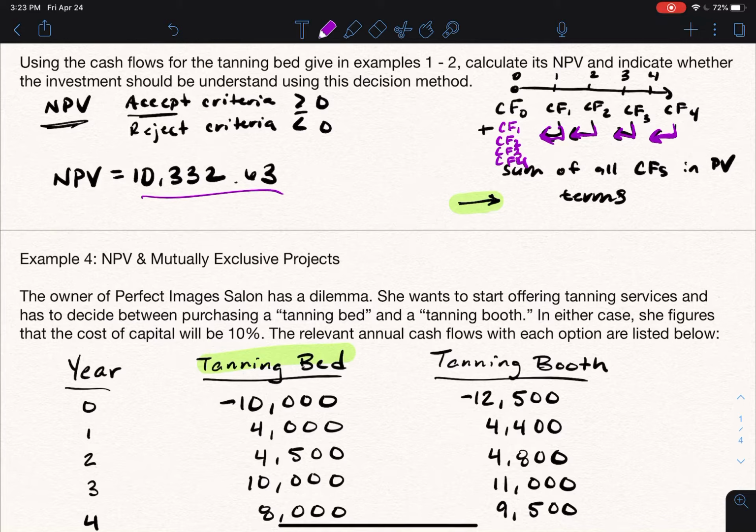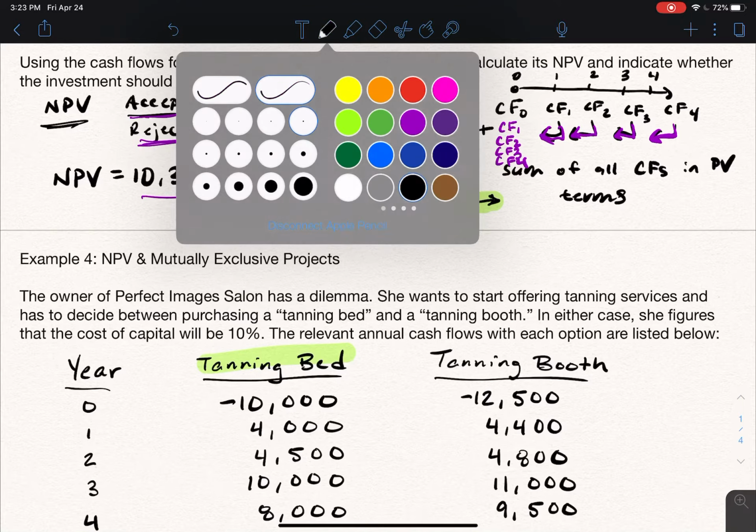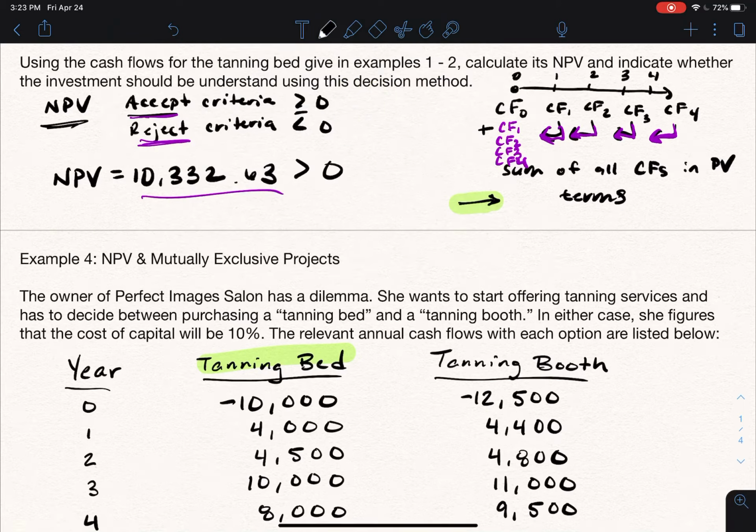And the question then remains, is that amount greater than 0 or is it less than 0? Well, in this case, it is greater than 0. And so if we are using the net present value decision model, we would accept this project.